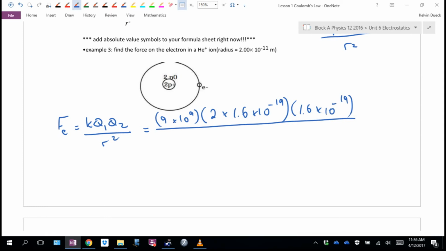What's the radius? 2 times 10 to the negative 11. I got that right from the question. Squared. How many newtons of force is the electrical force here?